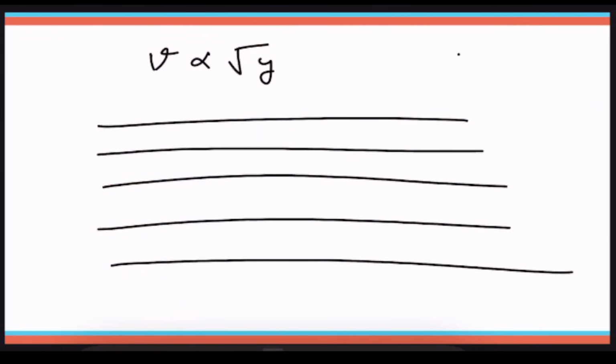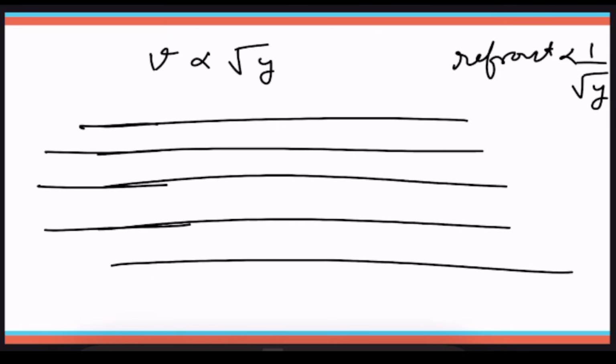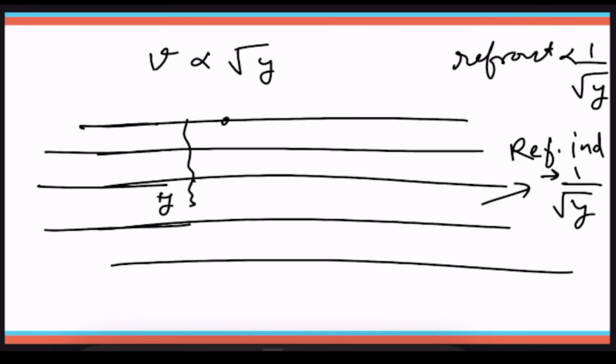So the refractive index has to be changed by 1 by root y. Suppose I have different layers where the refractive index is different, and if you go y down, the refractive index changes by 1 by root y, then whatever way light will travel from this point to this point, light refracts due to changes in the refractive index of the medium.